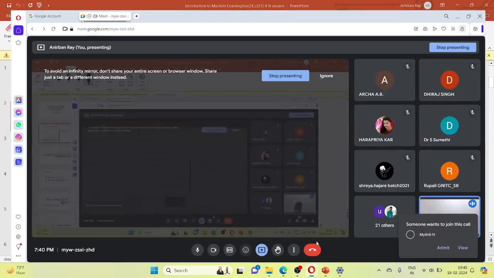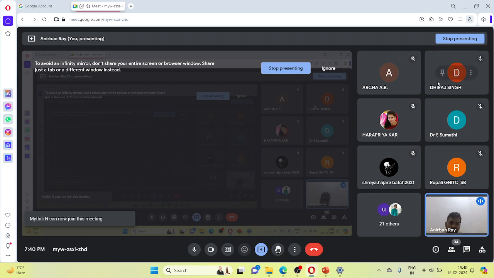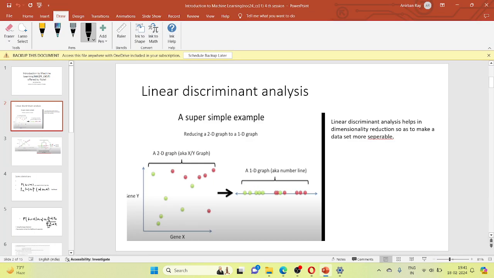I'm giving some intuition because in the videos there is no intuition, so it is very hard to understand the purpose of this linear discriminant analysis. It is for reducing the dimensions, and in that reduced dimension it should be better separable.